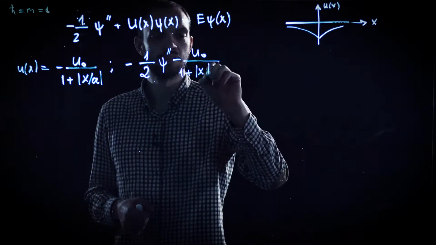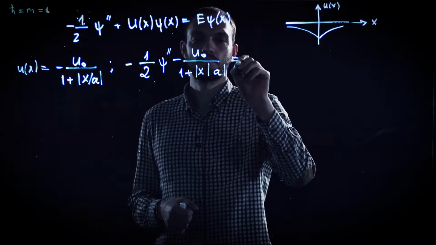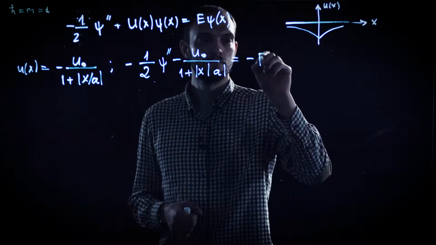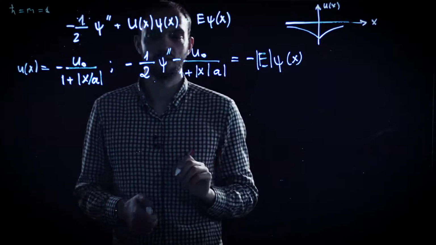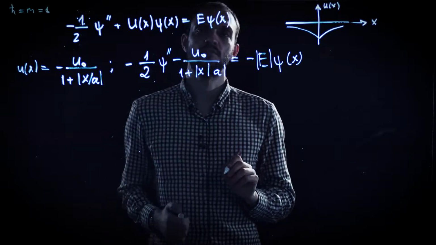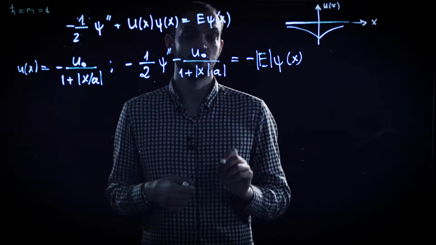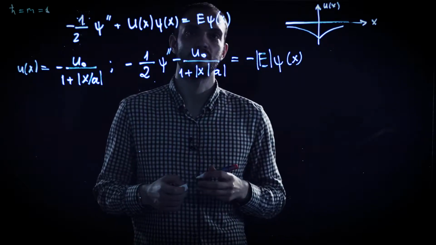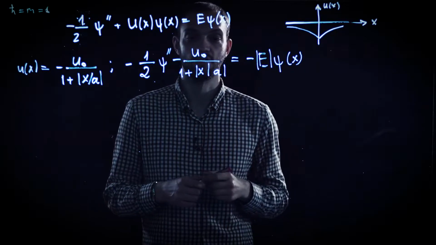So explicitly it takes the following shape. And here I made explicit the fact that the energy corresponding to the eigensolution of this equation is negative, so it's convenient to separate explicitly this sign and write down the modulus sign here.